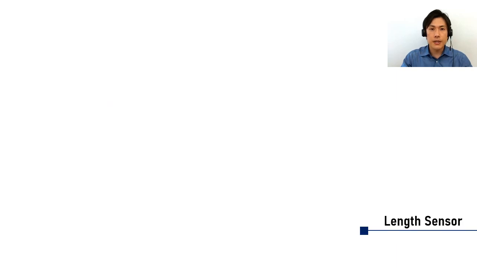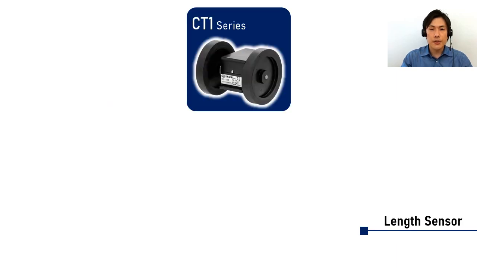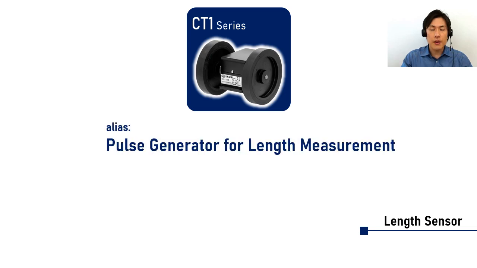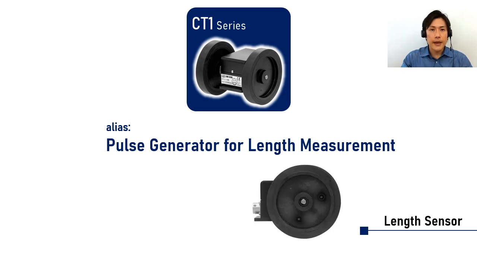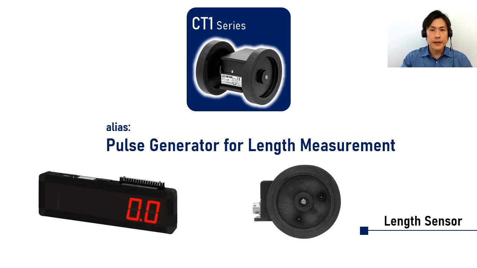Our length sensor is called CT1 series, and another name is pulse generator for length measurement. A pulse is current that flows for only a moment. The length sensor can generate pulses, and this is an electronic counter. Connect them like this.